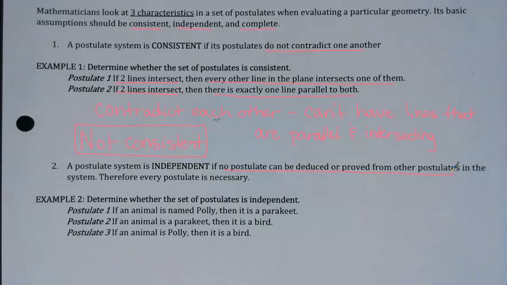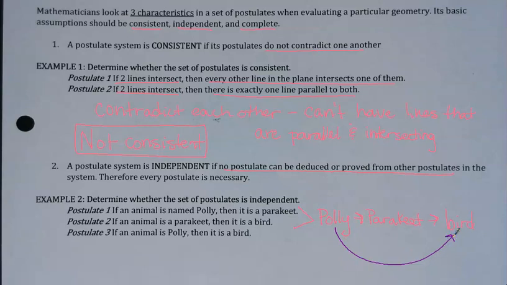So here's the thing. Postulate 3, if an animal is Polly, then it is a bird, is a logical conclusion of 1 and 2, right? 1 and 2 says if an animal is named Polly, then it's a parakeet. If it's a parakeet, then it's a bird. Postulate 3 is saying if an animal is Polly, then it's a bird.